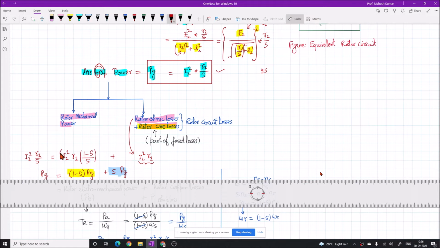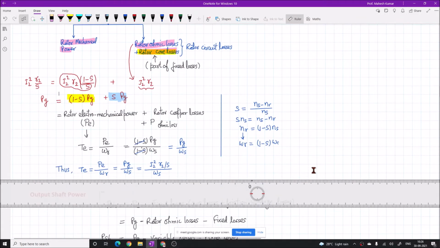So as we know that I2 squared R2 by S equals Pg, therefore this becomes (1 minus S) into Pg plus S into Pg, because I2 squared R2 by S is Pg. So this implies that this term is nothing but S into Pg, and this term is nothing but (1 minus S) into Pg. Together they make Pg.